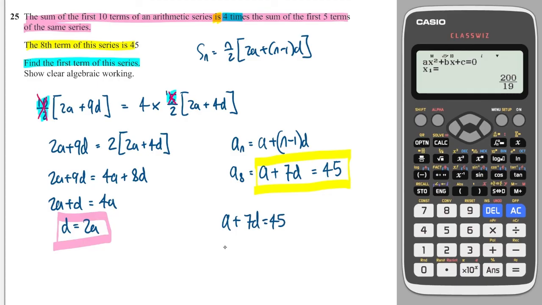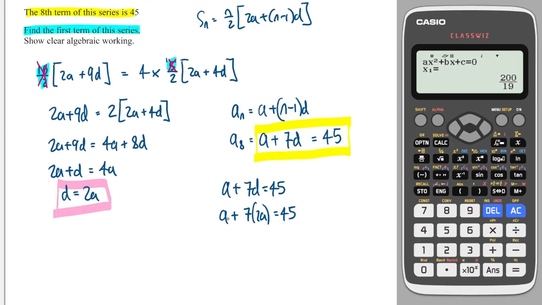So a plus, well, I know that d is 2a, so 7 lots of d is the same as 7 lots of 2a. So this gives me 1a plus 14a equals 45, so 15a equals 45, so a equals 3. And there is the first term in the series.